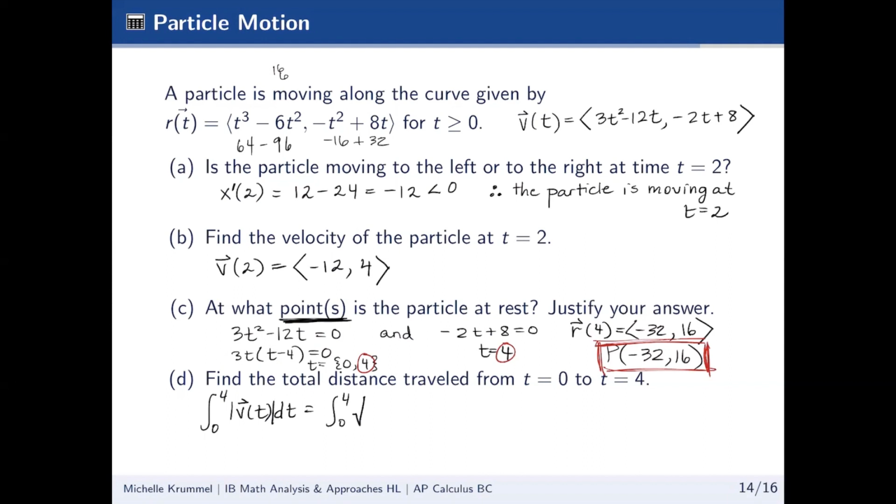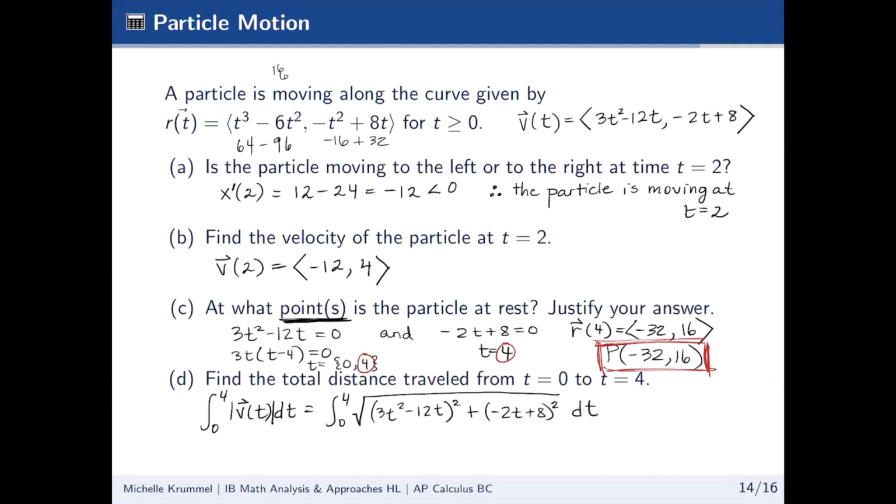And the x prime and the y prime we've already found, that's in our velocity vector. So that would be 3t squared minus 12t, that's x prime, so that gets squared, plus the y prime, negative 2t plus 8. That gets squared as well. And integrating with respect to t.